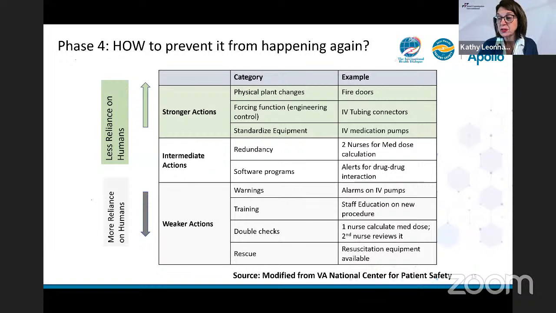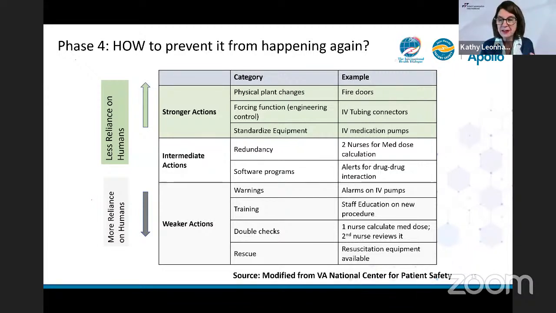We're going to fix our systems so that we make it easy to do the right thing and hard to do the wrong thing. Think about that. Create your equipment, your processes, your systems so it's easy to always pick the right medication and hard to administer the wrong one, right? How do we do that?